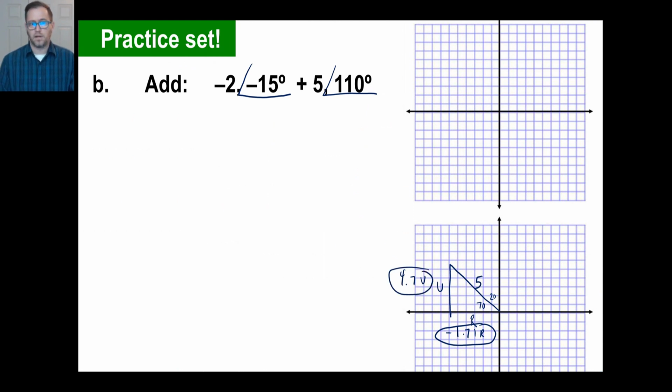Okay, let's go negative 2 and then negative 15 degrees. Now again, if you're telling the captain, help, I'm lost, I'm at negative 15 degrees, and he goes, okay, negative 15 degrees is here, and I'm 2 miles out.